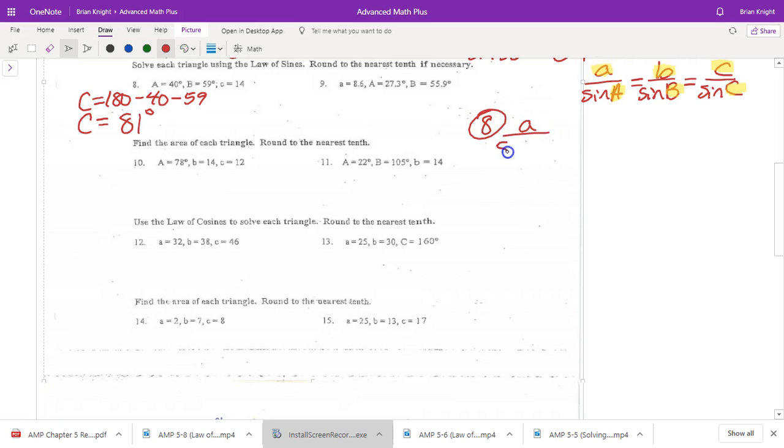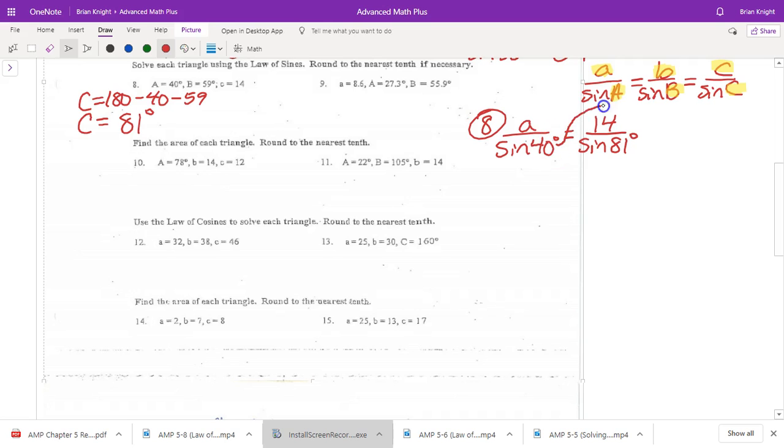All right, so I'll just look for little a first. a over the sine of, what was angle A? 40 equals, what do we know? c is 14 over the sine of angle C, which is 81. And we literally take sine of 40 and put it where?